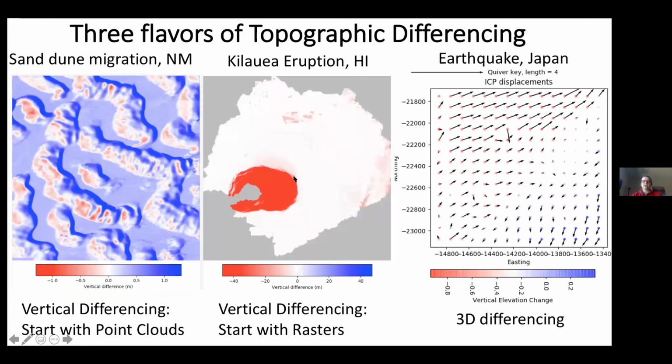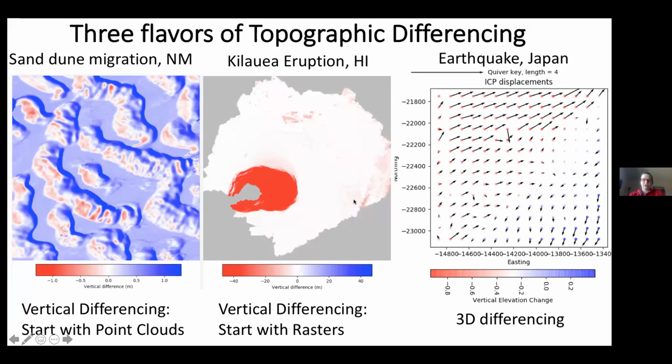So there are essentially 3 flavors of topographic differencing that we've implemented into OpenTopography, and they're shown here. First is vertical differencing, where we start with point clouds. And this here is illustrated for sand dune migration in New Mexico. Second is vertical differencing, starting with rasters.